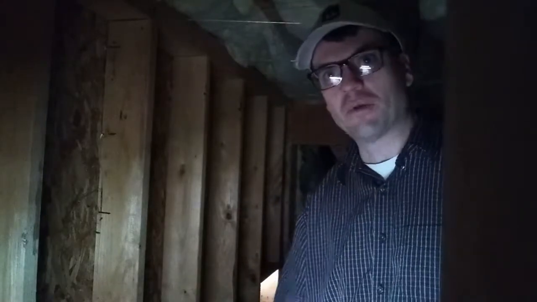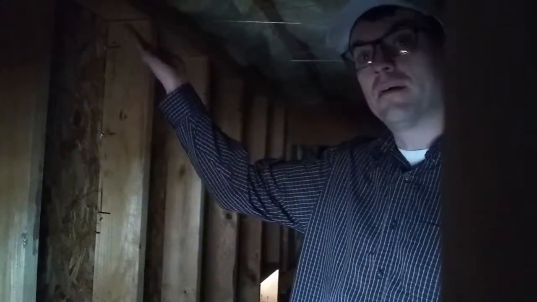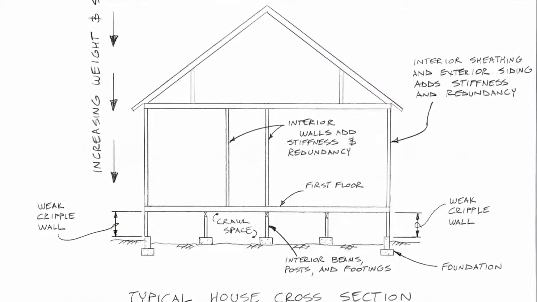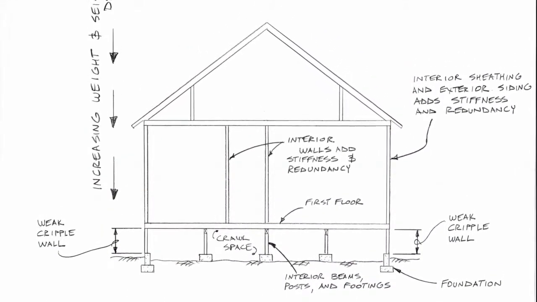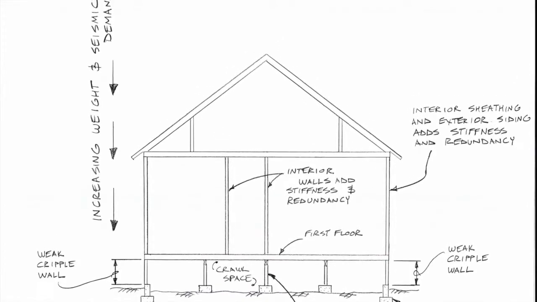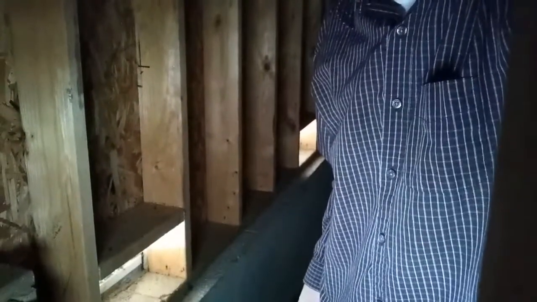And many houses don't have a cripple wall. That means the concrete foundation would come all the way up and the first floor framing would be sitting directly on the concrete foundation. But a cripple wall is where you have a wood framed wall between the concrete foundation and the floor framing. I can tilt the camera down a little bit here, and you can kind of see the concrete foundation down there.